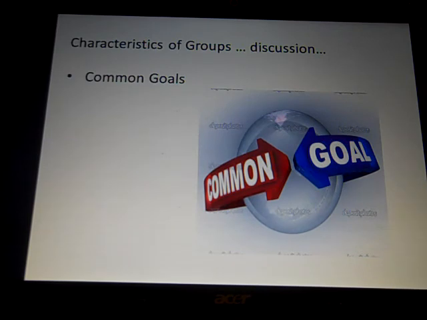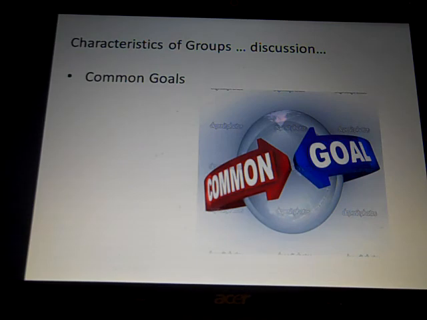Groups typically have common goals. Write that down. Or they want to accomplish common things. When you guys are meeting, whether it's in the auditorium at George Washington High School or in our classroom at South Charleston High School, Winfield High School, Herbert Hoover High School, Riverside High School, St. Albans High School, wherever I happen to be teaching, this is a group.